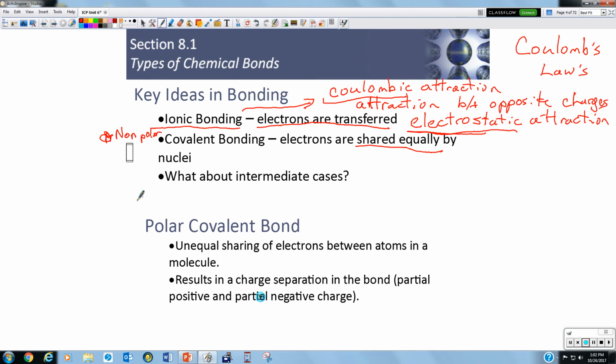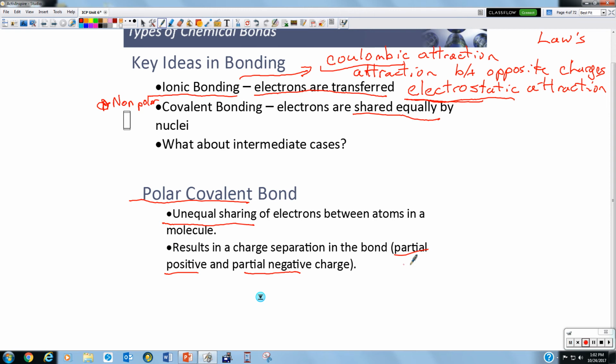And then for intermediate cases where the electrons aren't transferred or shared equally, we have the third type of bond, which is really a subtype of covalent: unequal sharing, or polar covalent. With polar covalent, we have a charge separation in the compound, a partial positive charge and a partial negative charge.